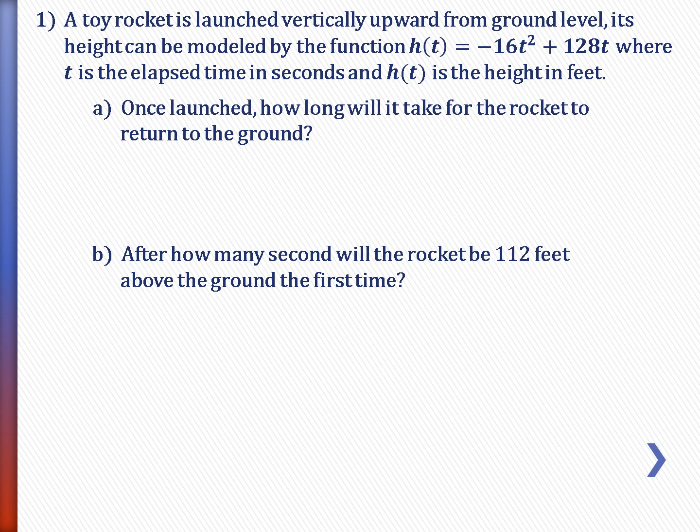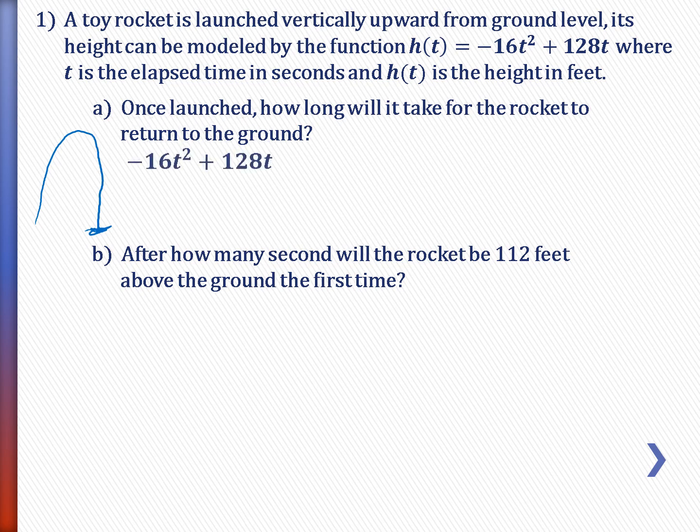So if we're wanting to know how long it will take for the rocket to return to the ground, its path will probably look something like this. We launch the rocket, and then it comes back down to the ground. So when it hits the ground, if you remember, that is the x-intercept. The x-intercept represents when it hits the ground because that's when the height is 0.